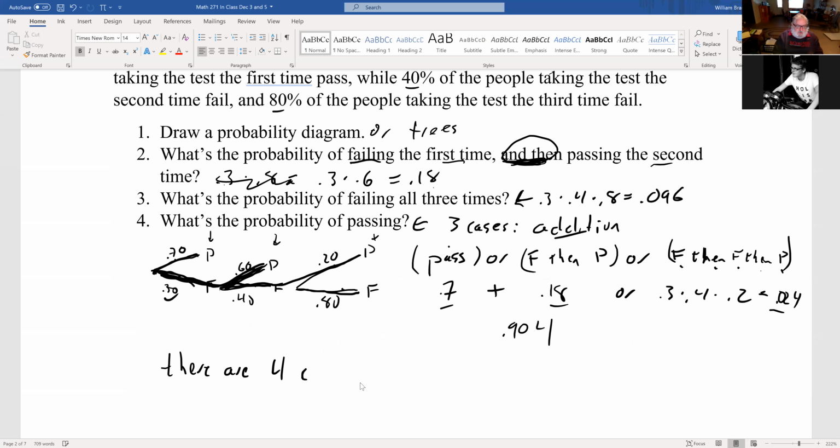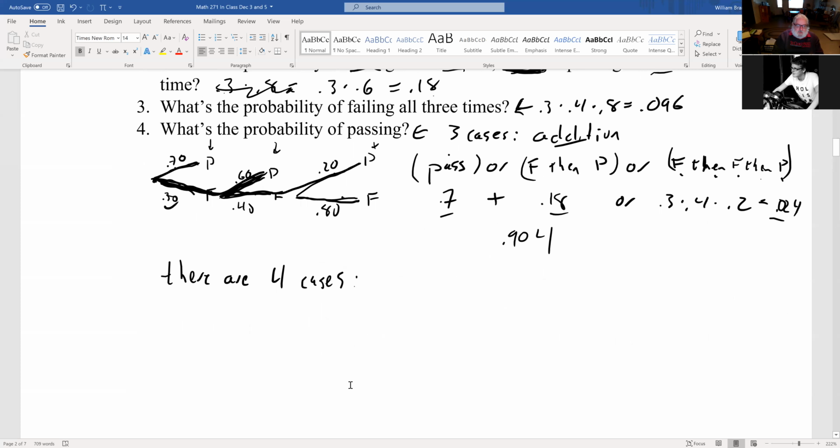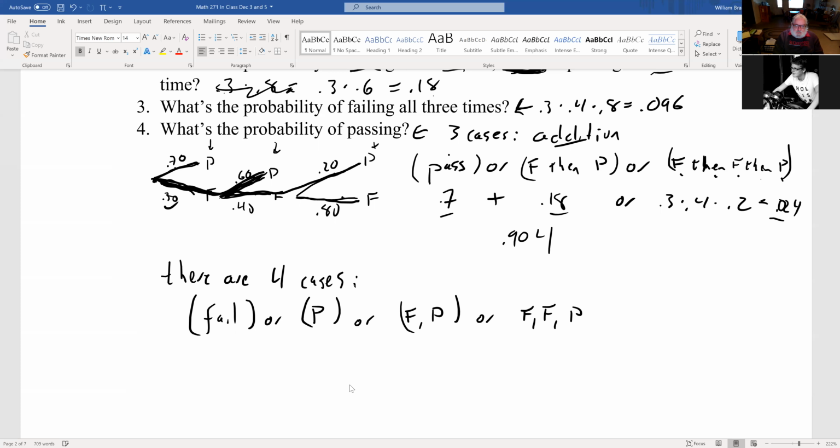But keep in mind, there are 4 cases total, right? You can fail or pass on the first time, or fail, then pass, or fail, fail, and then pass. This we calculated in problem 3.